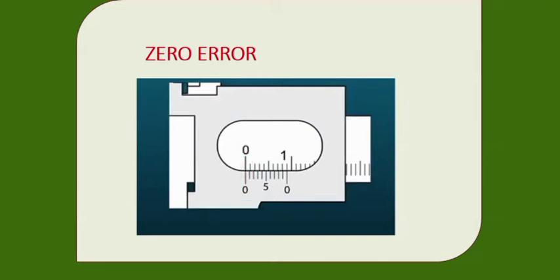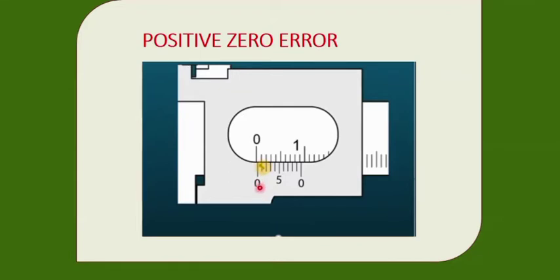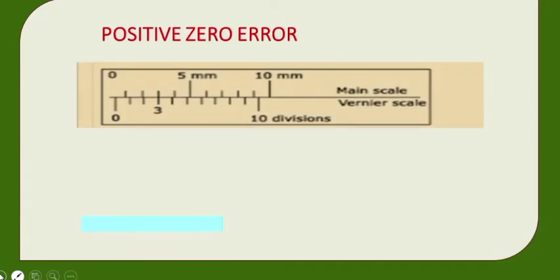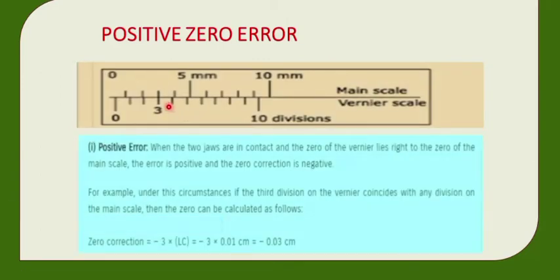Now look at this figure: the zero of the vernier scale remains on the right side of the main scale zero, so this type of error is called positive zero error. For further explanation, look at this picture. Here zero remains on the right side of the main scale and 3 divisions coincide with the main scale, so the positive error will be 3.